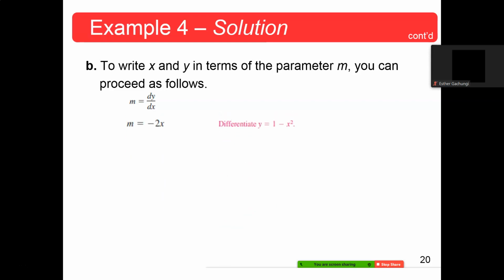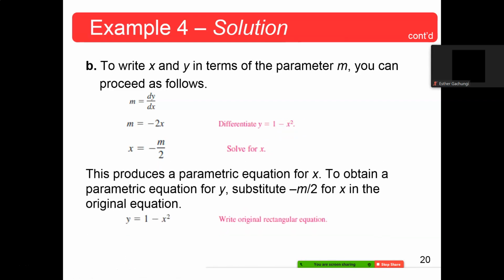That was m is equal to minus 2x. Now at this point, there's your parameter. Solve for x. When you do that, you get x equal minus m over 2. Then you plug that into this equation here, and you get y is equal to 1 minus a negative m over 2 squared, which is 1 minus m squared over 4.